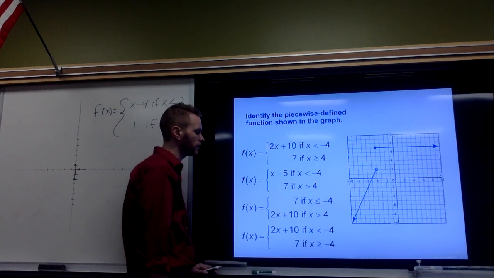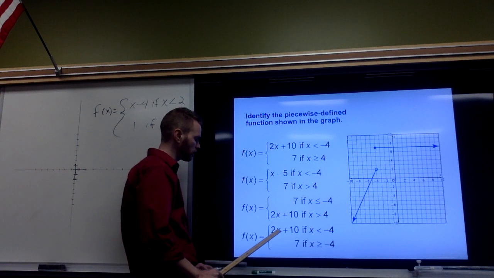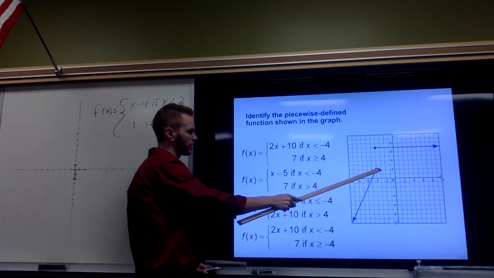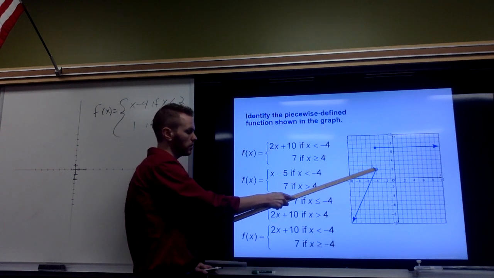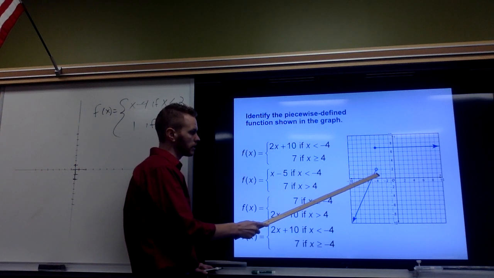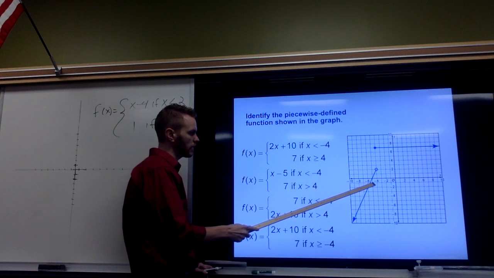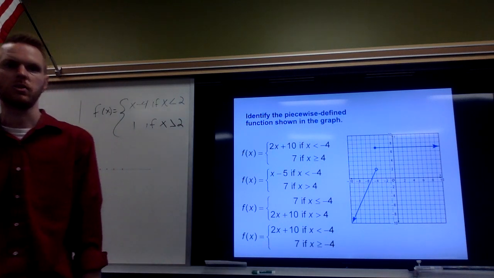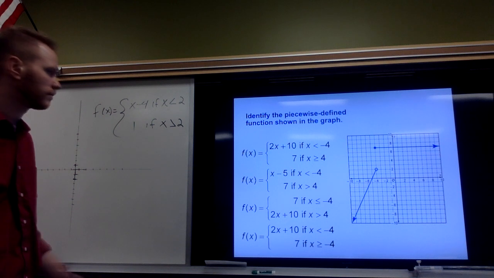Greater than or equal to negative 4, we're good. Down here at the bottom, 2x plus 10 if x is less than negative 4. It's less than negative 4, it's not included, that's good. And the slope's 2, we could check it out, right? Down 2 over 1, down 2 over 1, yep. So the last option is our guy for us, okay?